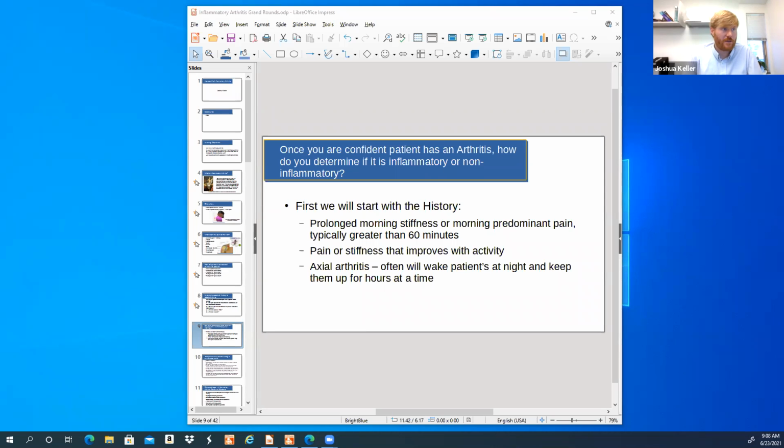So in terms of generalist versus a rheumatologist injecting, I don't think there's a reason you shouldn't inject if it's clinically appropriate and you feel comfortable injecting that joint. Did that answer the question?